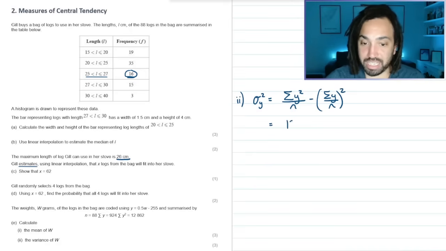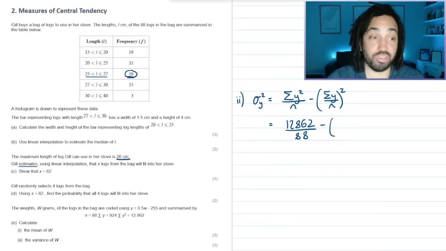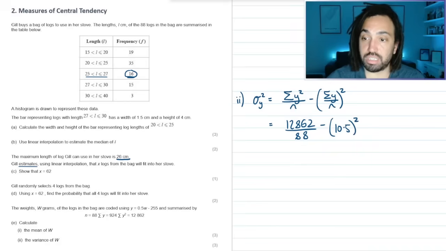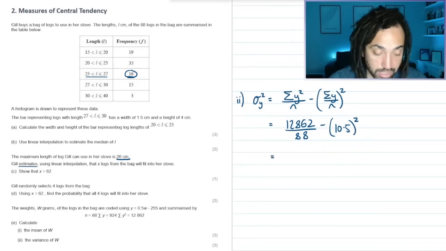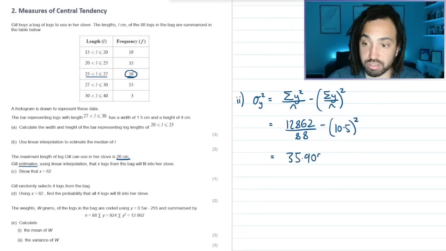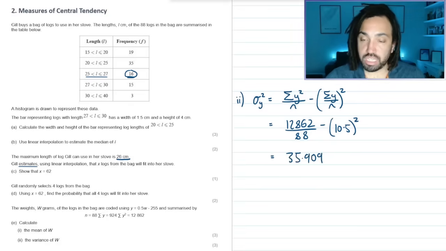So that would be that number which is given over 88, and then minus, well, we actually know what that is inside that bracket. That's the mean, which was 10.5 squared. Okay, so we can work that out, and it gives me a value of 35.909. So we've got the variance of the y values.